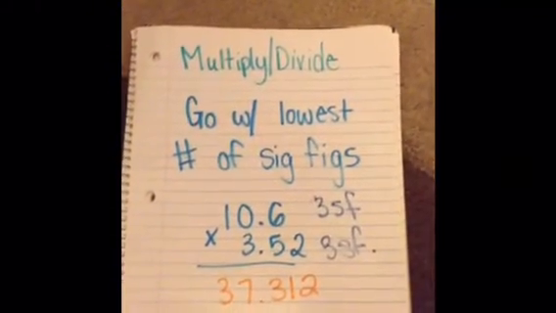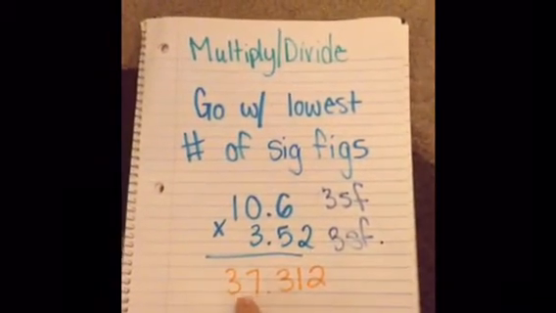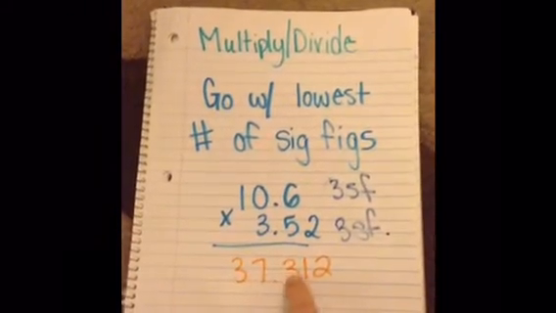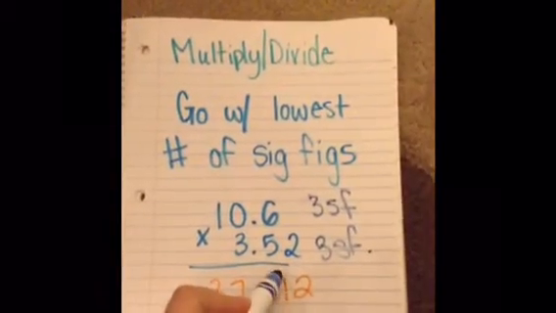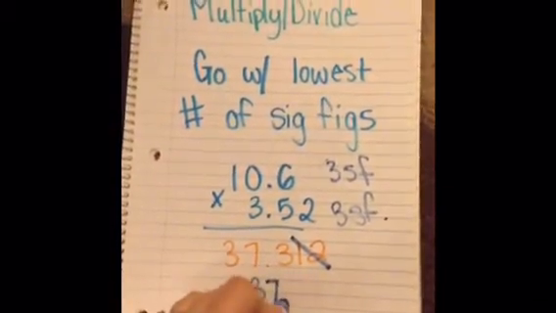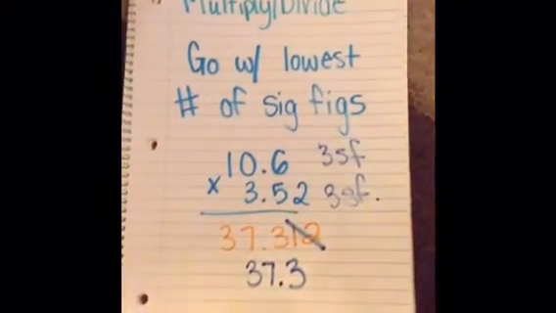My final answer needs to have 3. When I type this into my calculator, I get 37.312. That has 1, 2, 3, 4, 5 sig figs. I can only keep 3, so I'm going to round right there. 37.3 would be my final answer with the correct amount of sig figs.